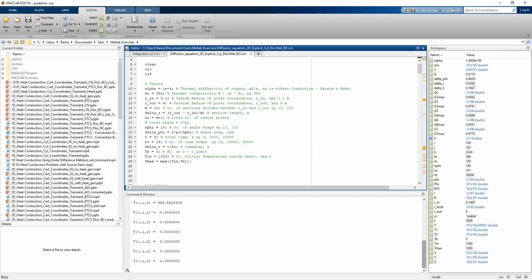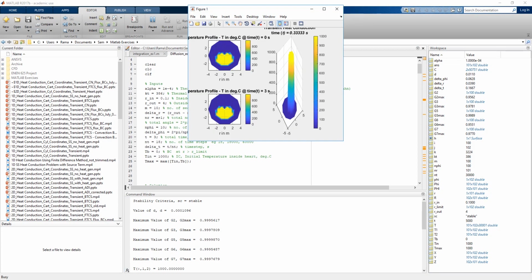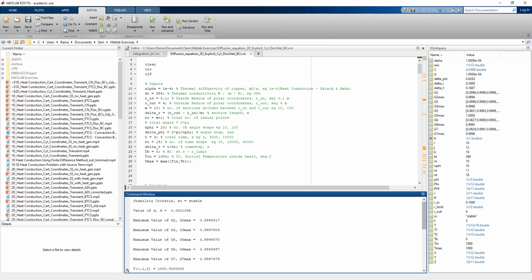We have to make sure we meet the stability criteria in this case. We have this d value, and the various von Neumann stability limits are given as G2, G3, G5, G6 and G7. They're all less than 1, so the condition is stable here.